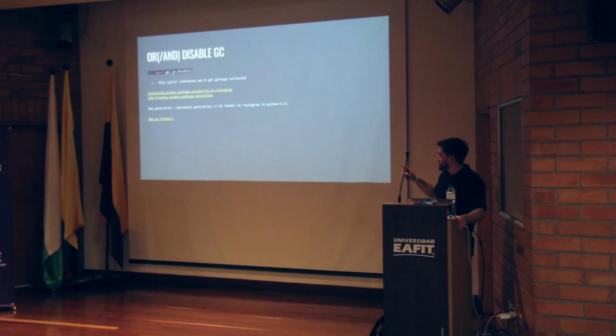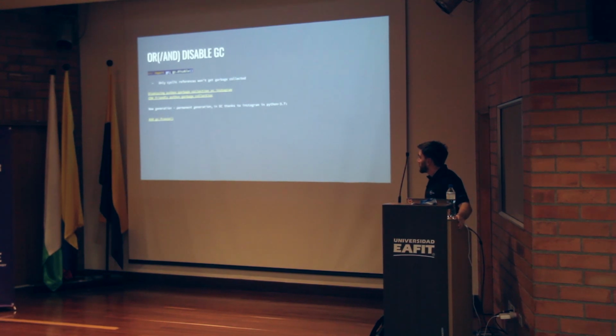So when you call GC freeze, all your objects are moved to that permanent generation, and GC never touches it, and that has the benefit of increased performance, and I think it also saves memory, because the objects shouldn't be copied anymore.